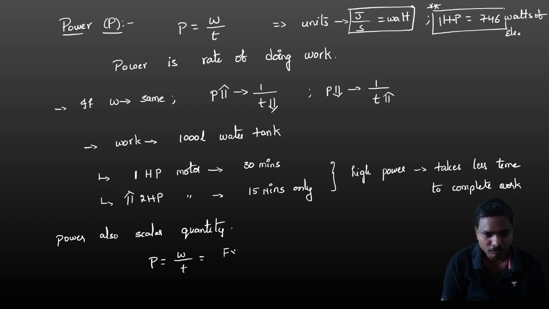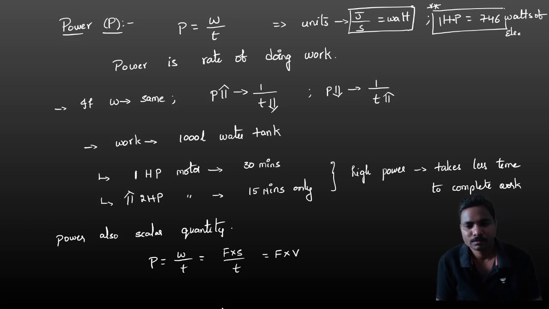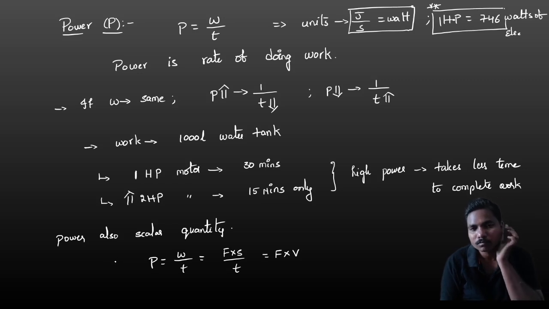Work is equal to force into displacement, so power is force into displacement by time. Displacement by time means velocity, so power is force into velocity. This is another formula of power.